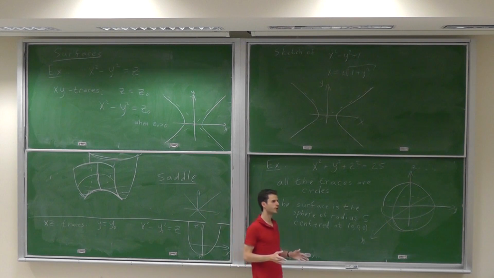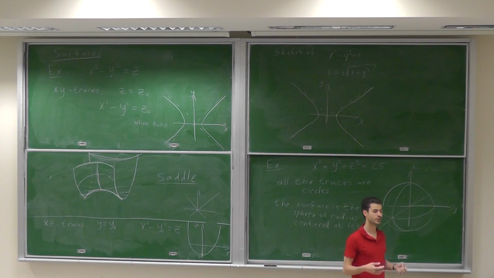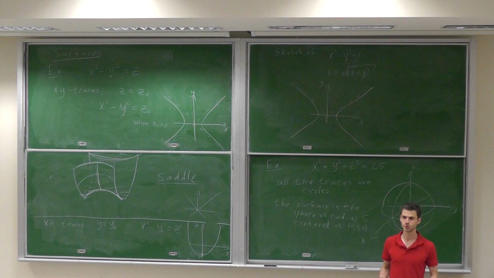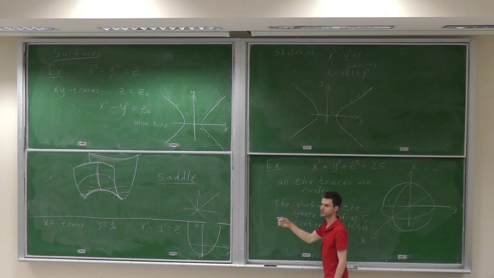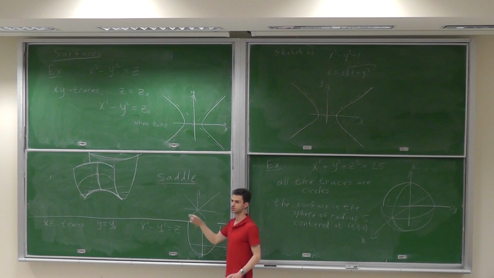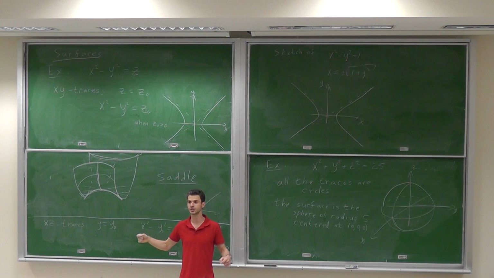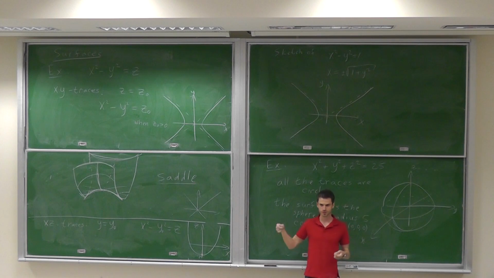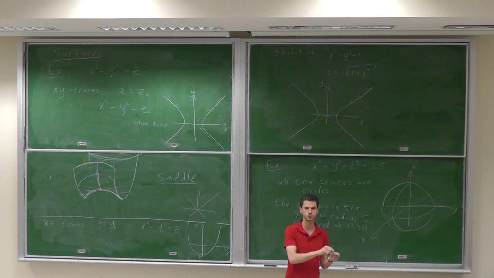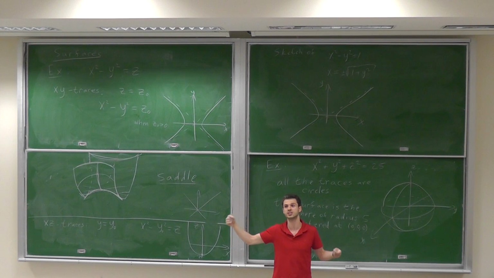And with our knowledge about vectors and lengths of a vector, it's quite easy to see that it is indeed the equation of a sphere of radius 5. How would you describe a point on a sphere of radius 5? Well, it's a point whose distance to the origin is exactly 5. What is the distance to the origin? If you have a point x, y, z, a vector from 0, 0, 0 to x, y, z, what is the length?